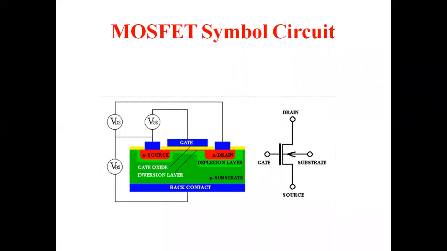But in the depletion MOSFET, on the opposite, a channel is already formed, the channel is present. So with zero or a very small voltage, drain current will start to flow from the source to drain.